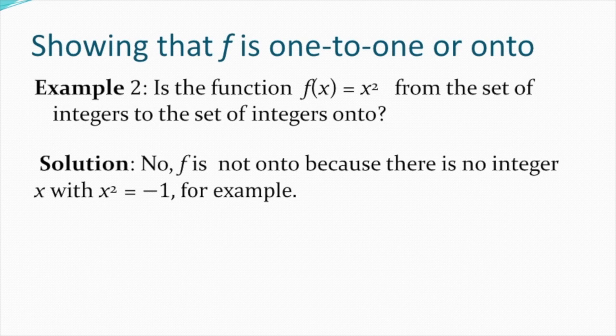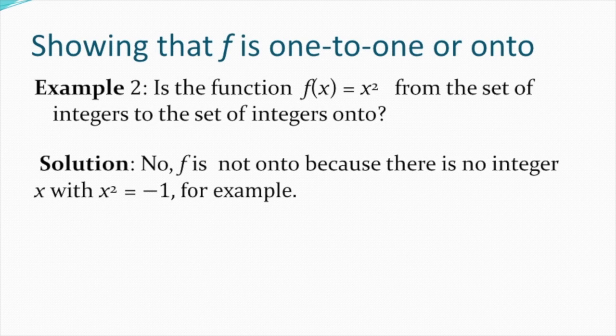You will find 1 and minus 1 have the same image. Also, x to the power 2 equal to minus 1, for example, is not possible, so it's not an onto function. Take, for example, minus 2 and 2, or minus 3 and 3. Minus 2 to the power 2 is 4, and 2 to the power 2 is 4. So both have been double mapped.